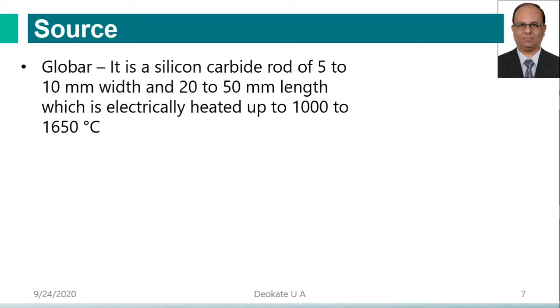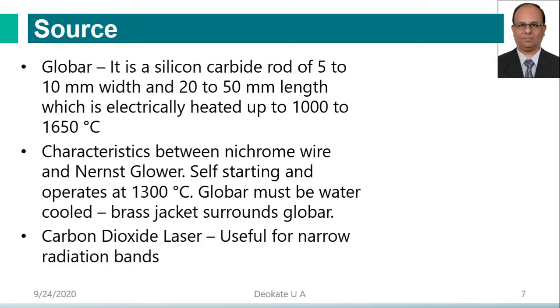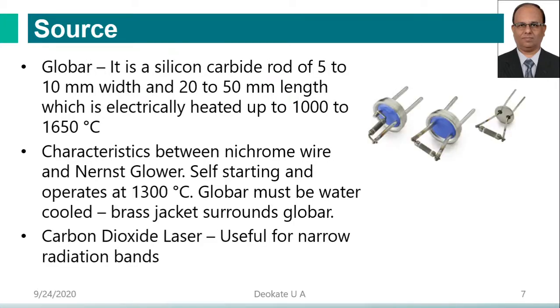Another source used is the glow bar source. It is a silicon carbide rod of 5 to 10 mm width and 20 to 25 mm length, which is electrically heated up to 1000 to 1650 degrees centigrade.